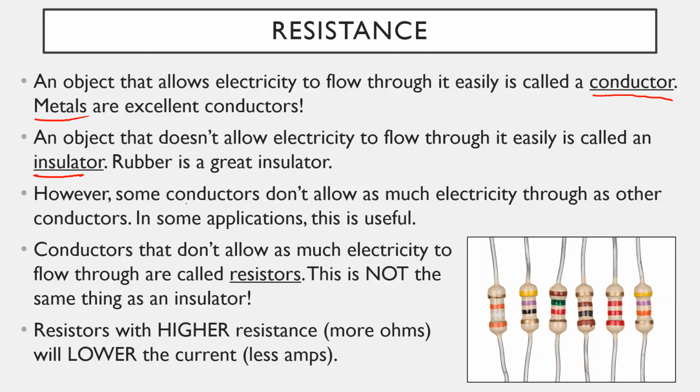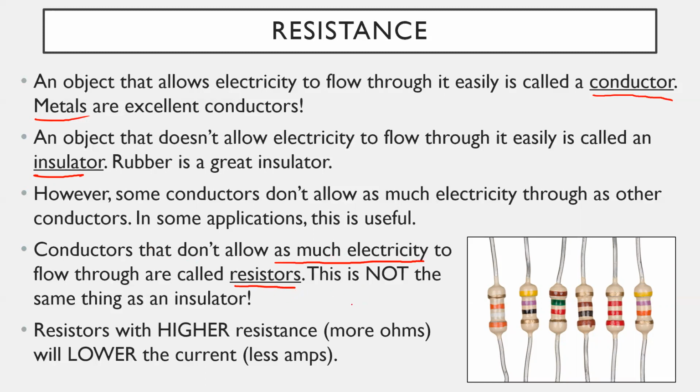However, there are some conductors that don't allow as much electricity through as other conductors, and in some applications, this is actually useful. Sometimes you would prefer not to have as much electricity flowing through a conductor, so it's important sometimes to have a higher or lower resistance. Conductors that don't allow as much electricity to flow through are called resistors.